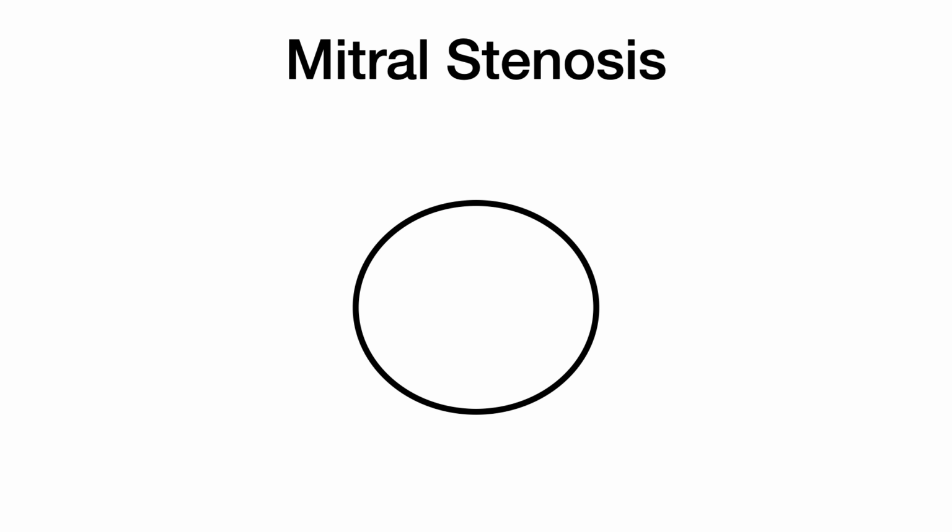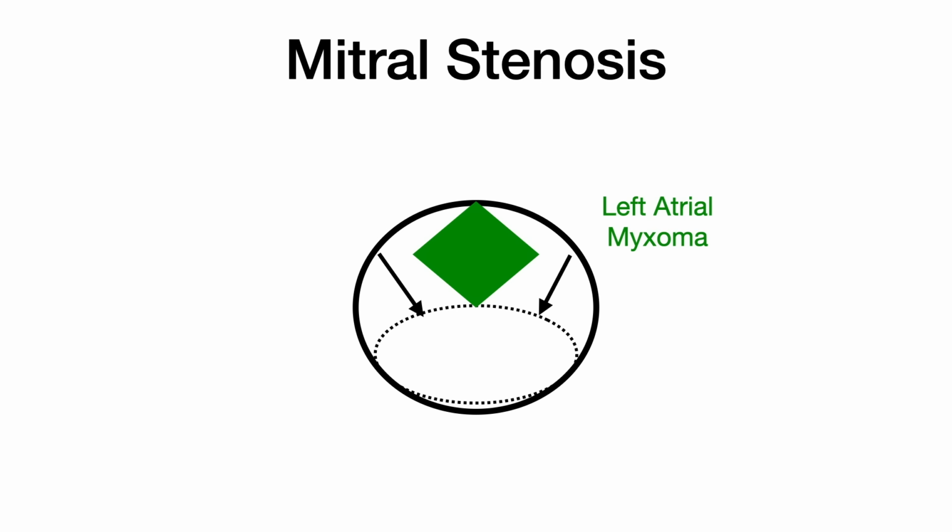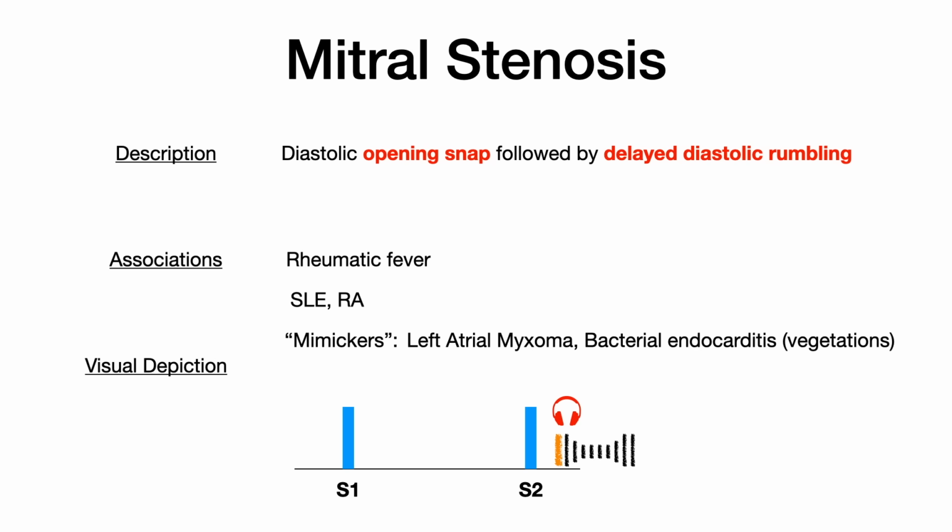Likewise, if we do another example, imagine the growth of a tumor in the left atrium. You've got this big, juicy left atrial myxoma, and then once again, we have a reduction in the functional space available for which blood can flow through the left atrium into the left ventricle, again, mimicking mitral stenosis. But what you really want to think about with mitral stenosis is what does it sound like and what does the waveform look like?